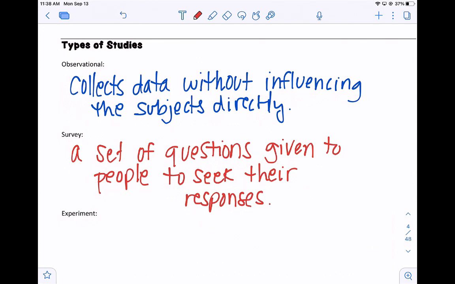And the last type of study that we are going to look at this unit is an experimental study.